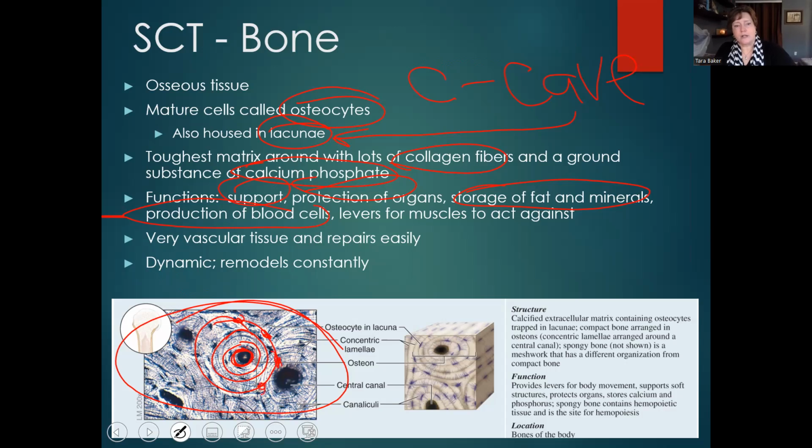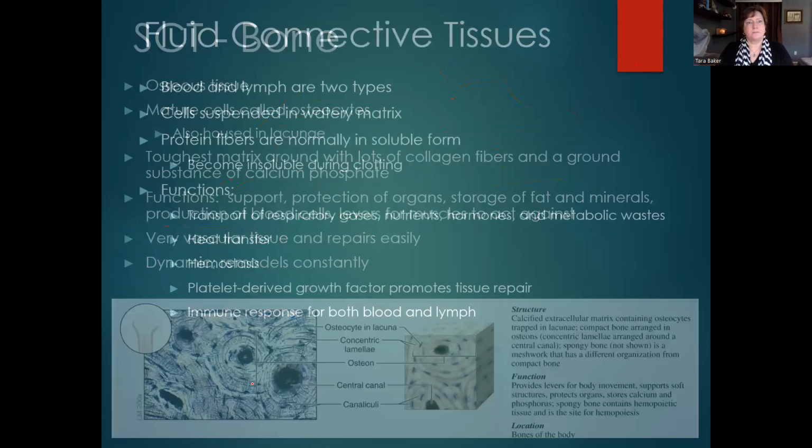Those dark spots are the lacuna, and they house the osteocytes. So there are multiple osteocytes in circles around the blood supply, getting good blood supply so that they grow and can constantly change. So I think bone is one of the most obvious connective tissues for us to easily identify.